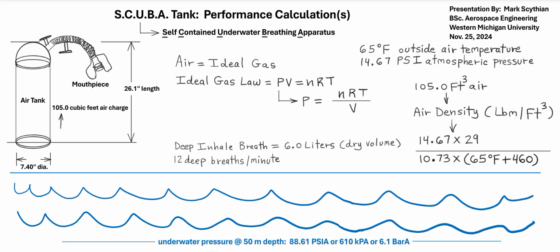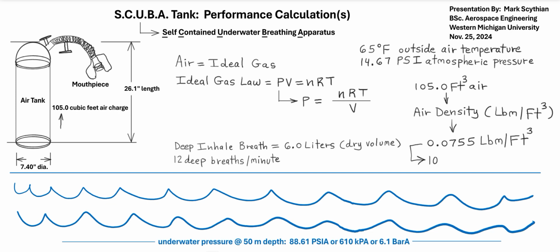So we can simply multiply the atmospheric pressure times the molar mass of air, 29 grams per mole, and then divide that product by the ideal gas law constant for air, which is 10.73 times the Rankine absolute air temperature. So in this case 65 plus 460, 525 degrees Rankine. And so when we divide these two out, we get an air density of 0.755 pounds per cubic foot.